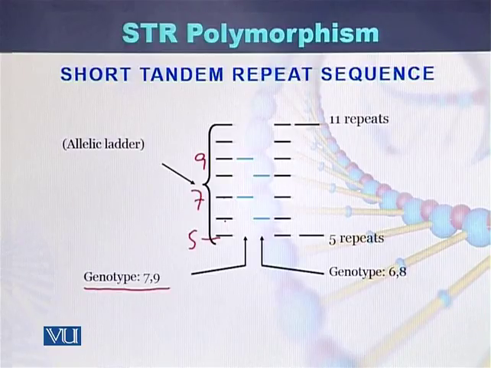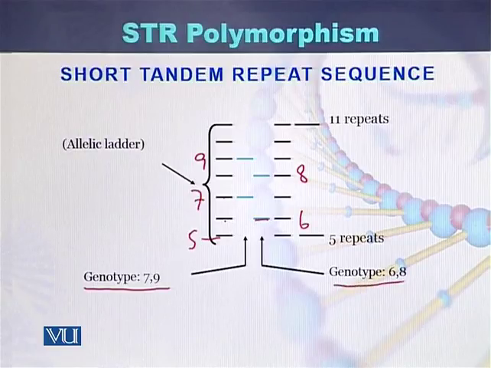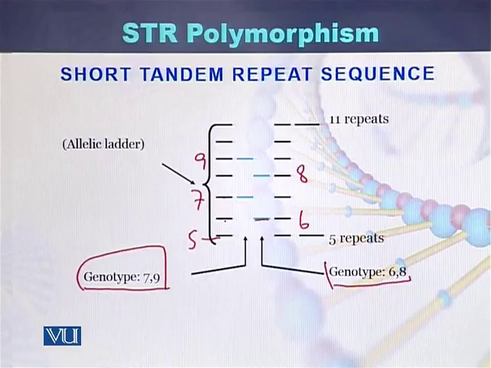In the case of the second locus, one band is here, in the approximate direction of 6, so it will be 6, and this one will be 8. So the genotype will be 6 and 8.